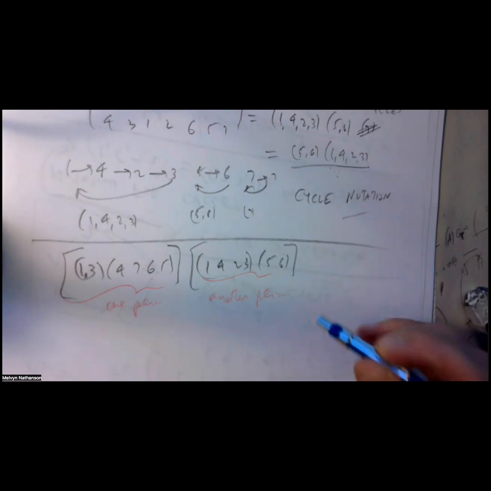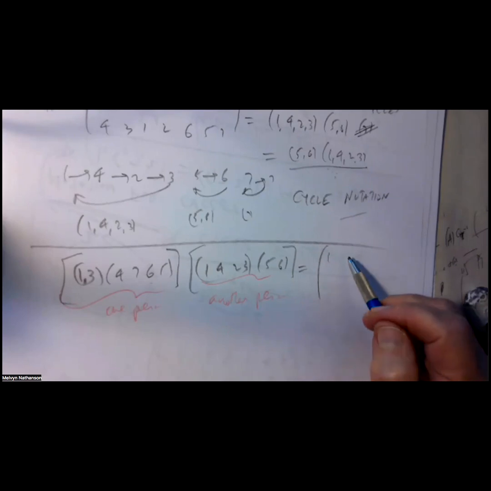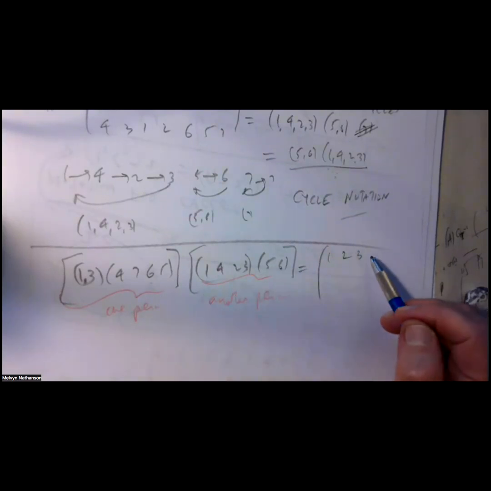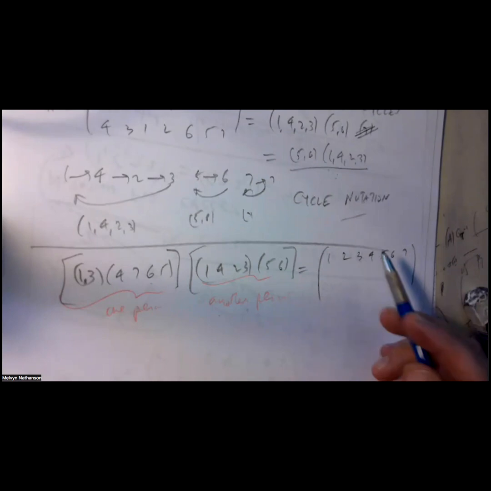So let's calculate what this is. Let me first write this in the standard form, 1, 2, 3. These are both permutations of the numbers 1 through 7. So this permutation sends 1 to 4, and this sends 4 to 7. So 1 ends up at 7.